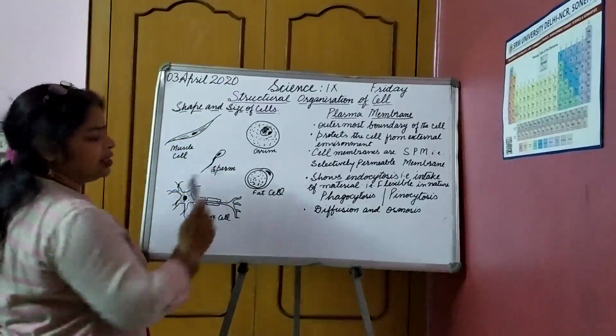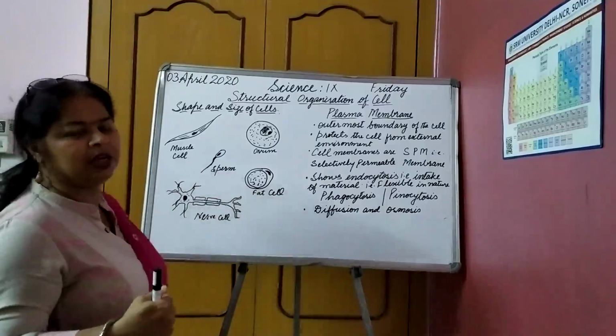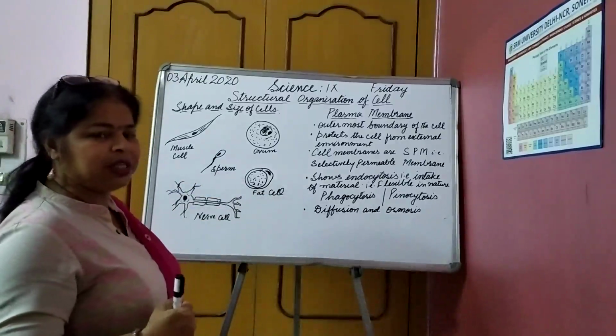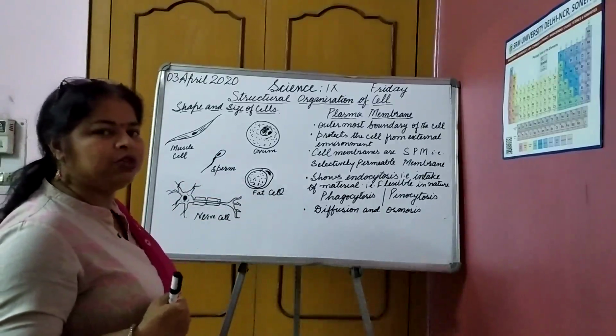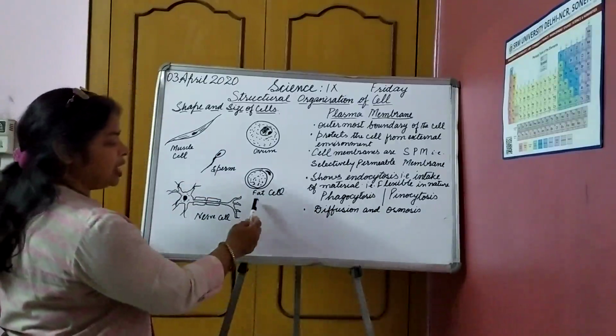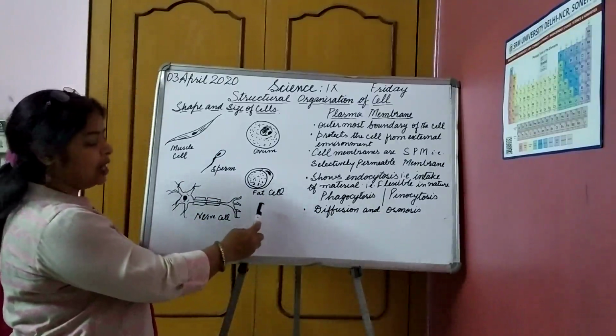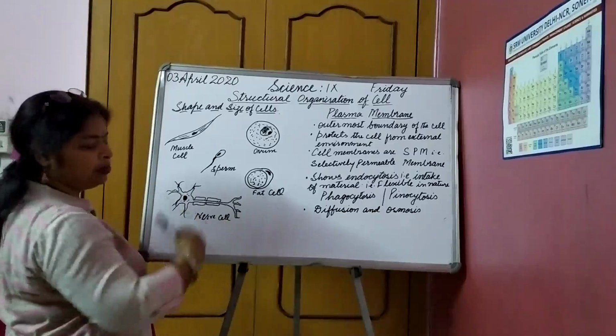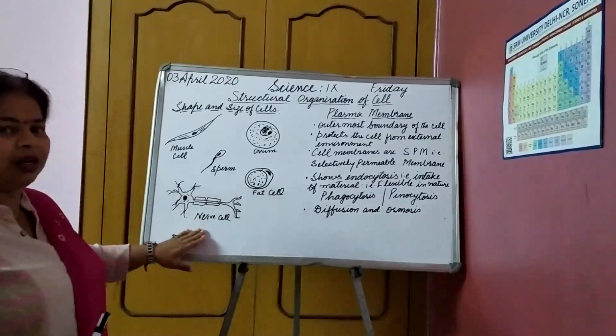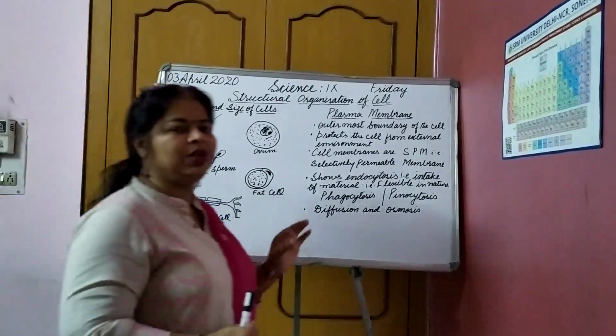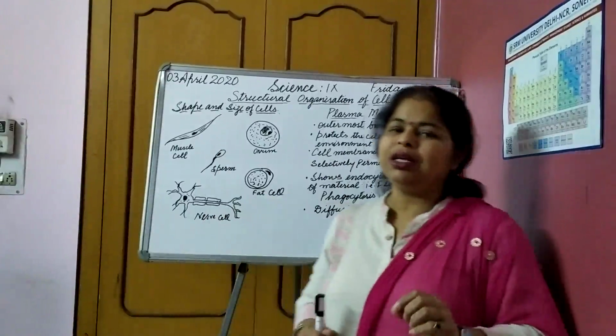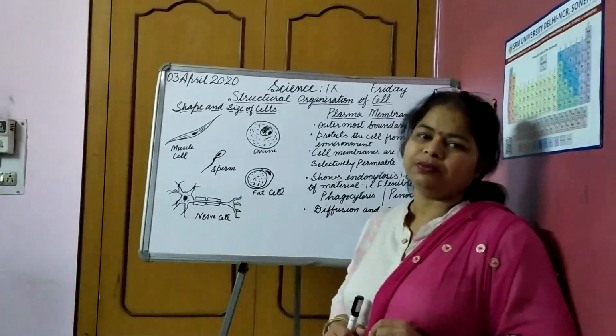This is a fat cell. The fat that is present in our body tissue, we call it adipose tissue. So the cell of adipose tissue, that is adipocytes, is of this type. Then comes the nerve cell. If you recall your 8th class, we learnt the structure of the nerve cell.